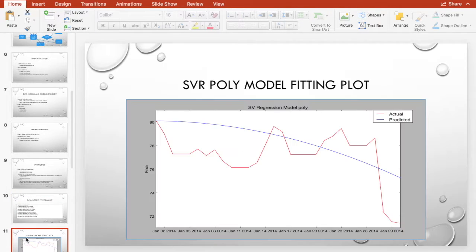Here you see a plot of the SVR polynomial model. The red line is the actual price of the stock, and the blue line is the fitting of the stock. As you can see, it actually fits pretty well in the model.